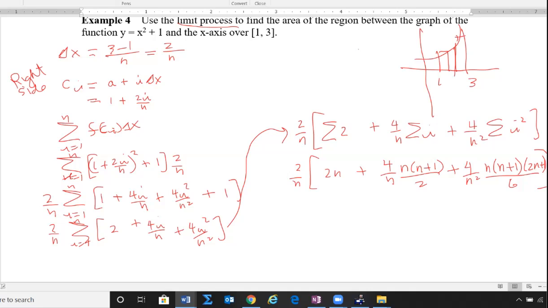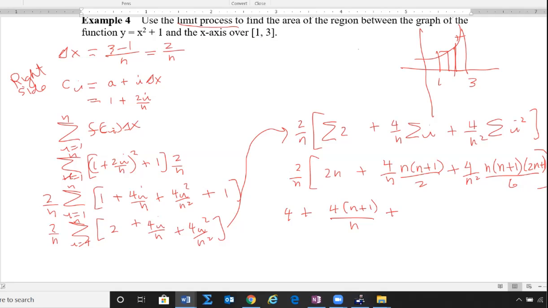Okay, now let's go ahead and expand by multiplying by that 2 over n. That's going to give us a 4 plus, in this case, a 4 times n plus 1 over n, like that. n's cancel, 2's cancel.